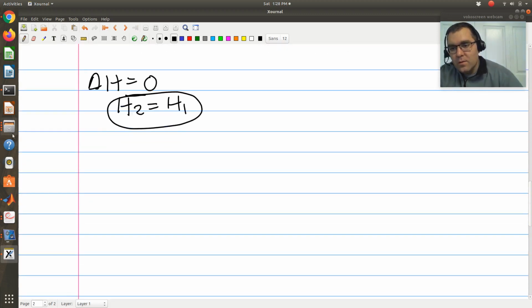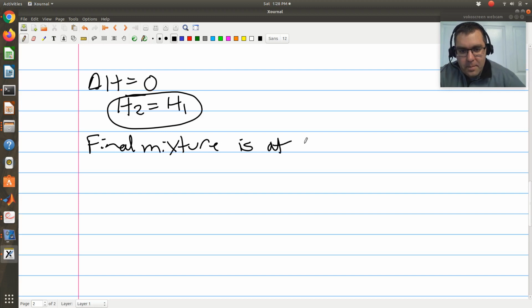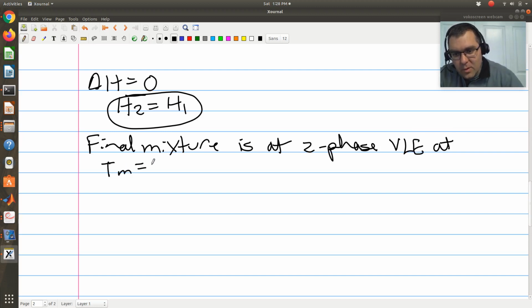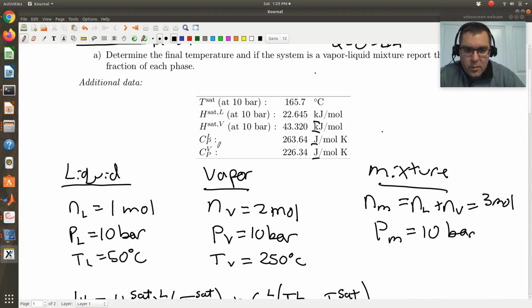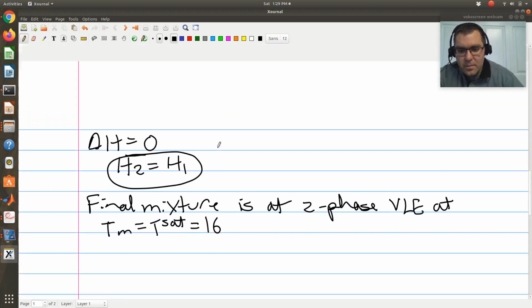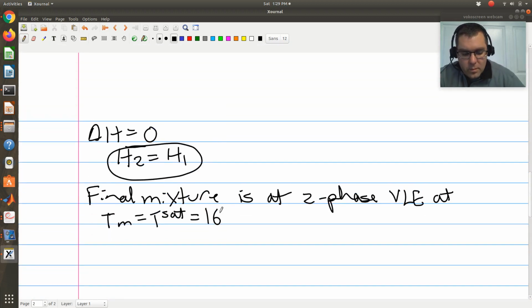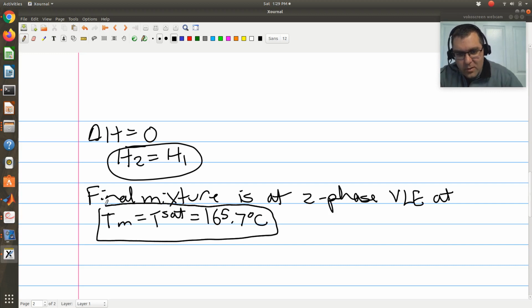Okay, so our final system, so our final mixture is at two-phase VLE, so the temperature of my mixture is equal to my saturation temperature, and that's equal to, was it, 165.7 degrees C. Okay, then the question is, what fraction's liquid and what fraction's vapor?